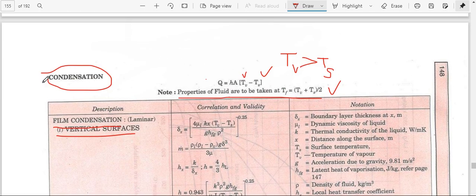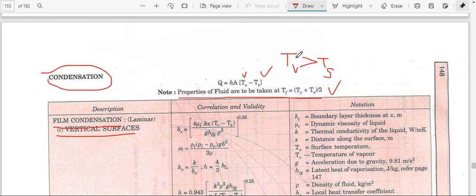This is the condensation concept: Q equals hA(Tv minus Ts). In the condensation process, the surface temperature is lower than the saturation temperature.